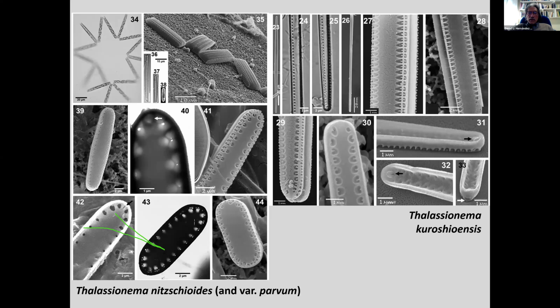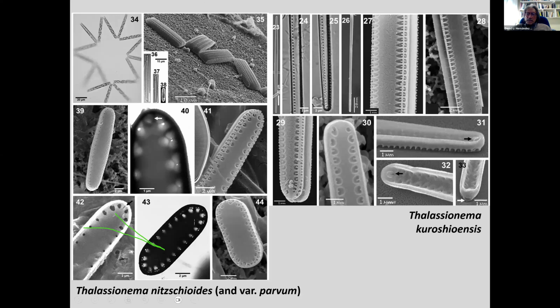The morphological variability is considerable and includes the variety parvum, which is a very small form of Thalassionema nitzschioides. You can see the size in figures 43 and 44 compared with the size of the given taxon Thalassionema nitzschioides.